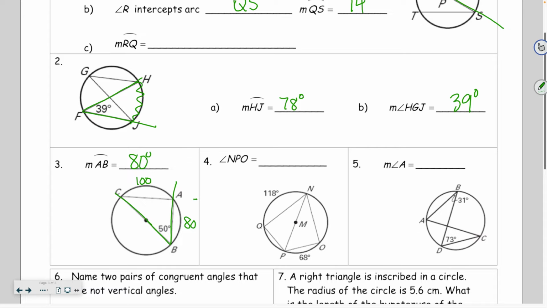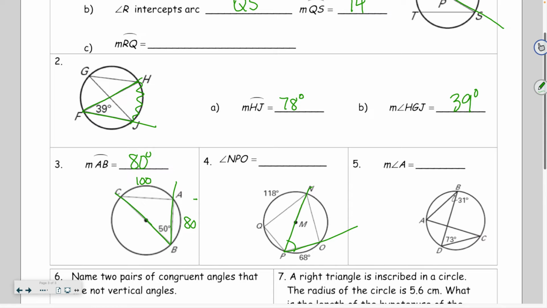Okay, now it's asking me for angle NPO. So that's this angle right here, NPO. So PO is 68, which means that NO is what? 34. It's a semicircle. 118.